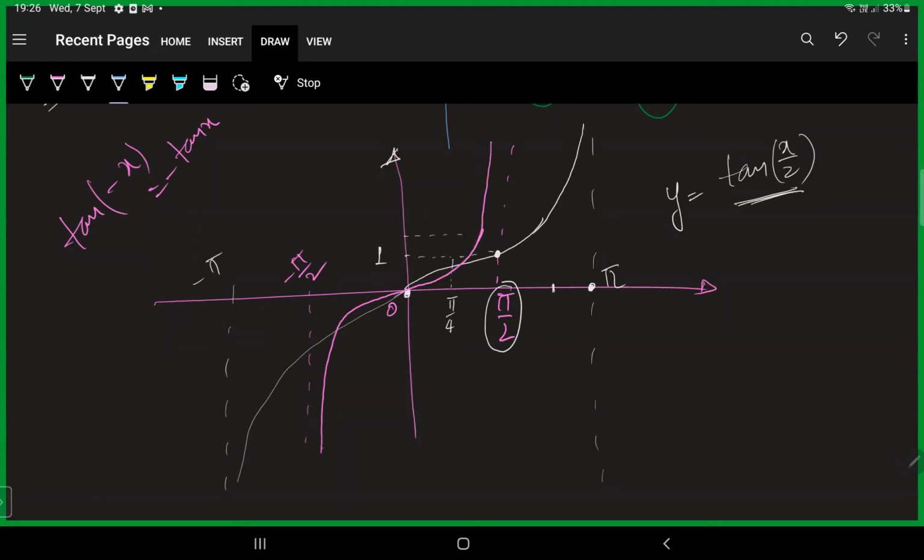And again, let me draw one more curve. That's pi by 4. This is pi by 4. So this blue one is y is equal to tan 2x. The blue one is tan 2x, the pink one is tan x, and the white one is tan x by 2. Understood this thing? Yes or no?